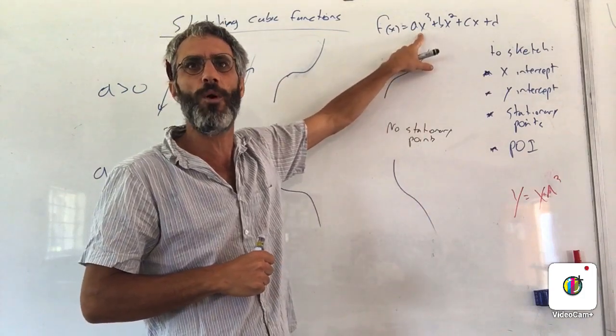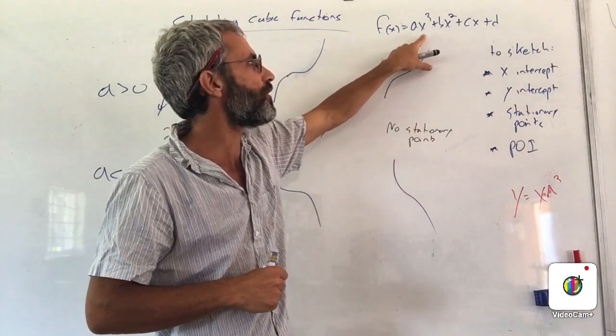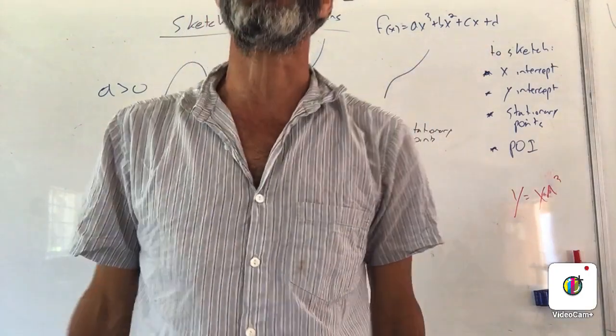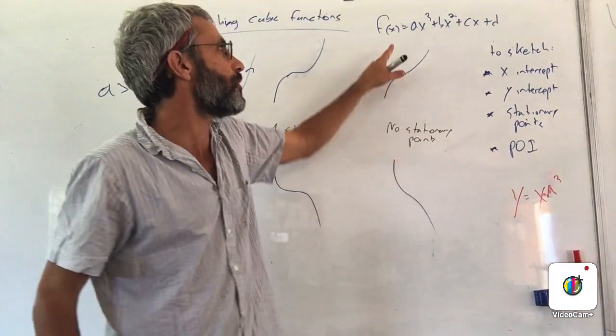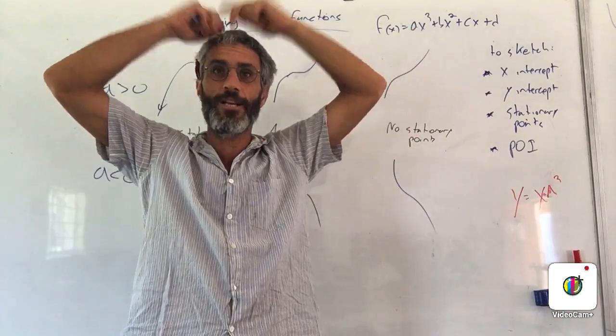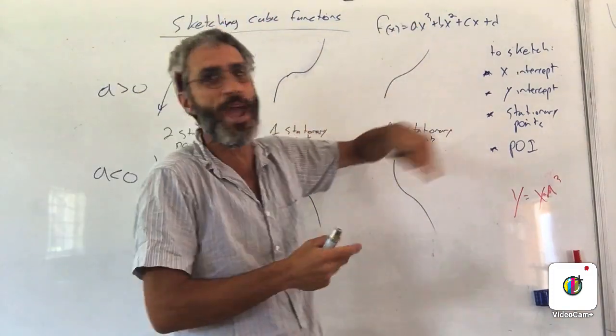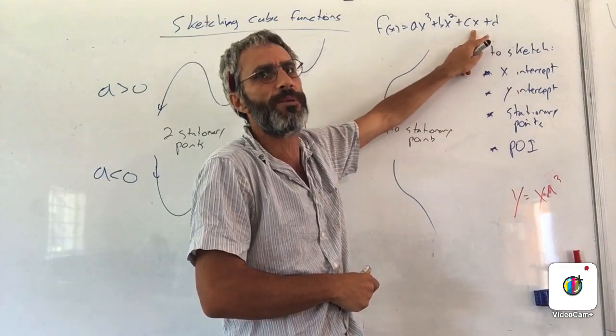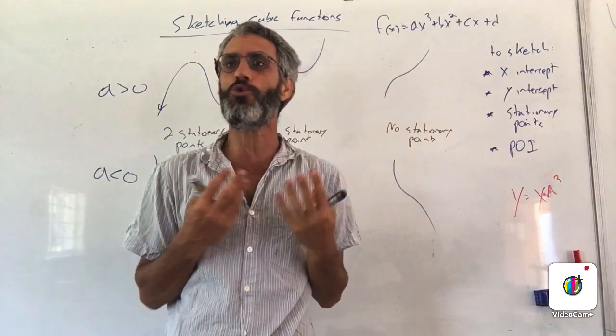Is it the first, the second, the third, or the fourth? It's the first. Why? Because 1,000,000 cubed is way more than d, or way more than just some number times 1,000,000. 1,000,000 cubed is a huge number.